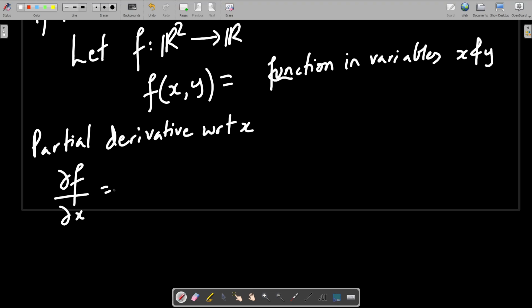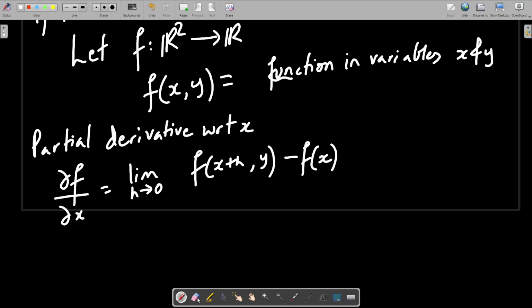So this is defined as the limit of h tending to 0 of f of x plus h comma y minus f of x comma y, divided by h.